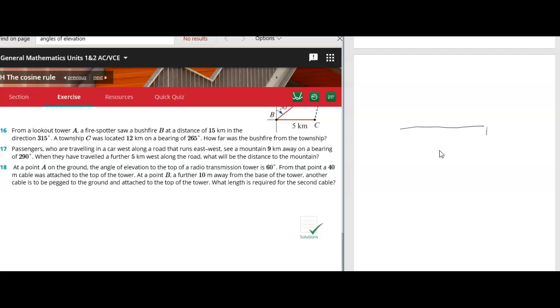So they've gone from A, from east to west. That's north, and 290 is just past west, so it's going up like that.